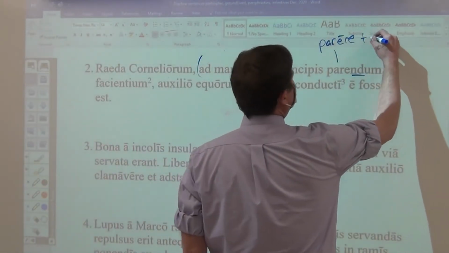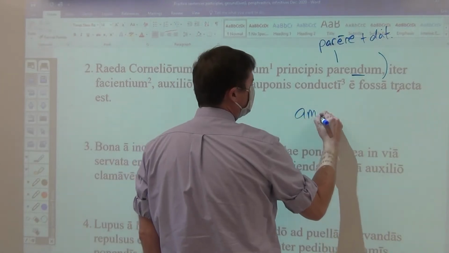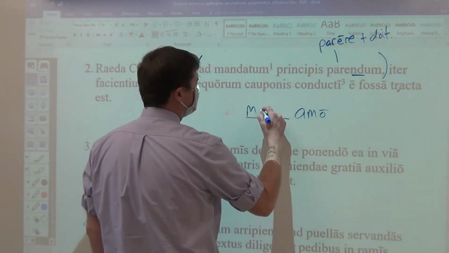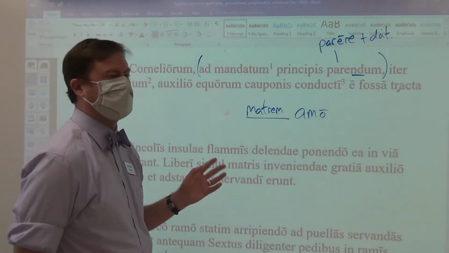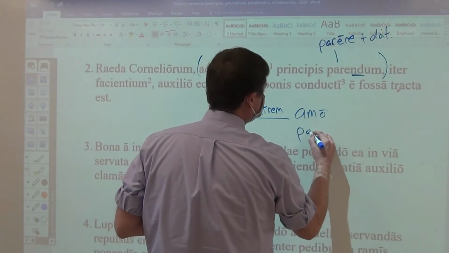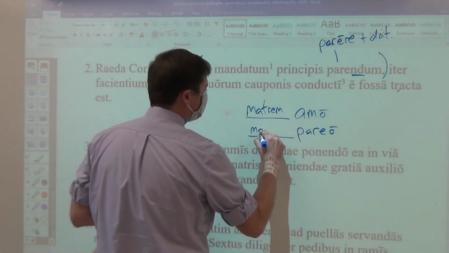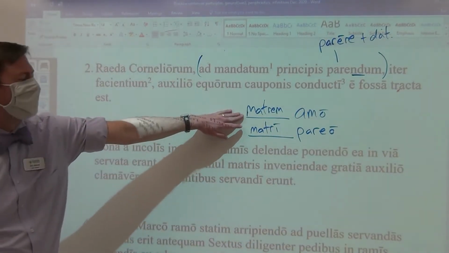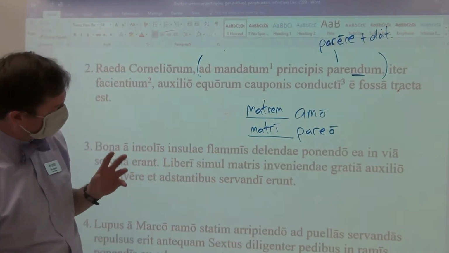And so it is one of those that requires a dative. So if I were to say that I love my mom, the only kind of mom that I can love is, of course, an accusative mom, matrem. But if I were to say I obey, the only kind of mom that I can obey is a dative mom. Normally objects are accusative, but there are certain verbs because of the meaning. Because when you obey somebody, you are giving obedience to them.